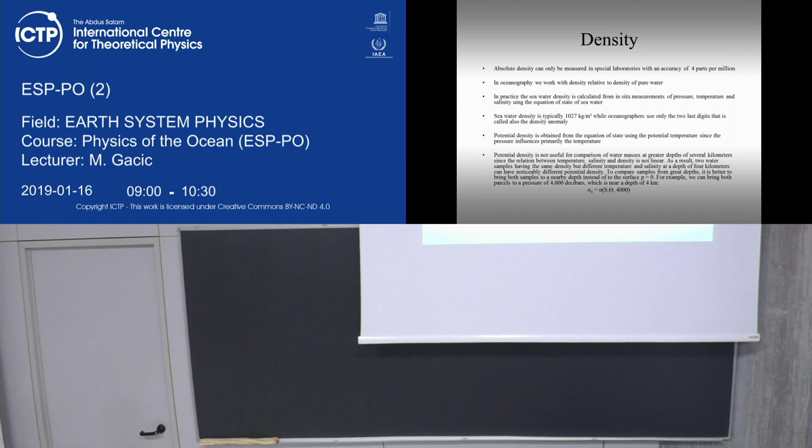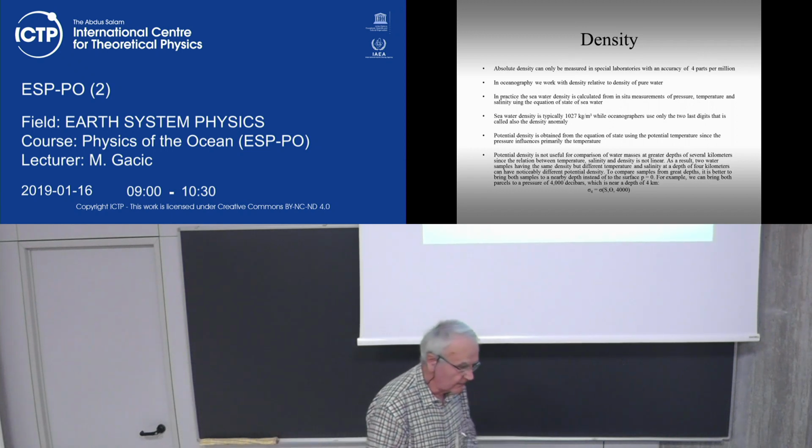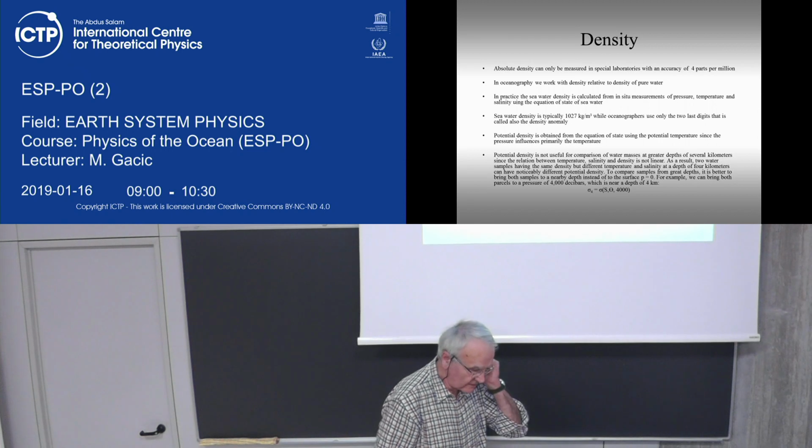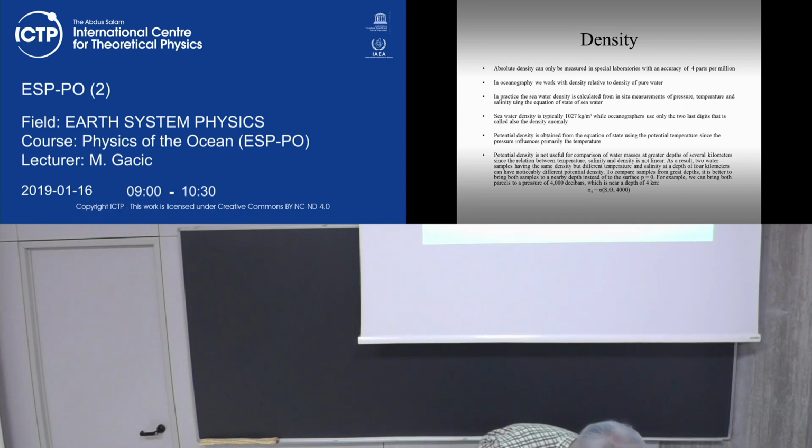So we avoid this different potential density at a depth of 4 kilometers, for example. This is something we can also remember. It's not so essential, but you should know that.